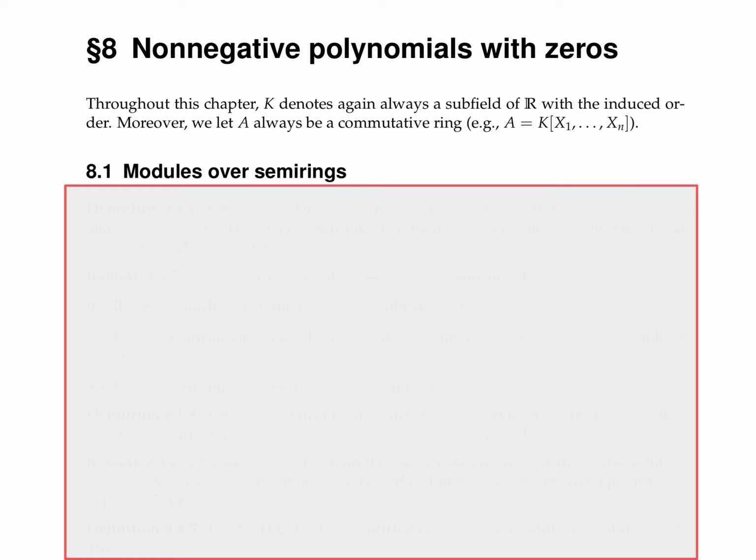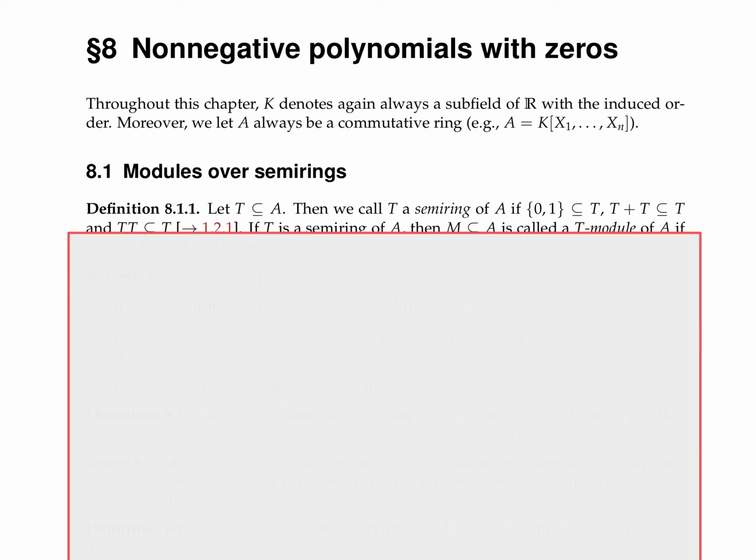Today, let's just take a subfield of the reals with the induced order, of course. That's enough for this chapter. And moreover, we let A always be a commutative ring, and often you can think of it as a polynomial ring over K. That will be an important case, but sometimes it will be more general.